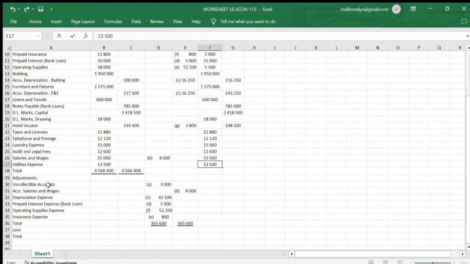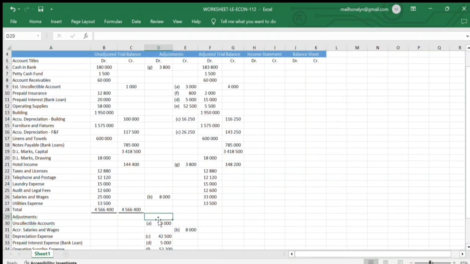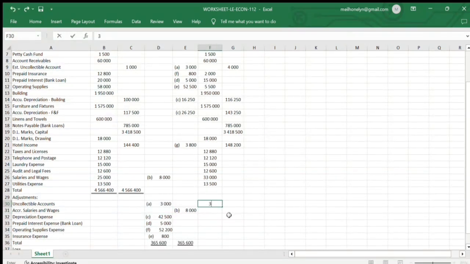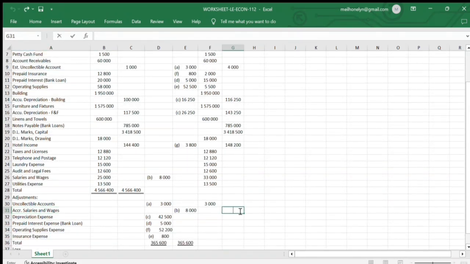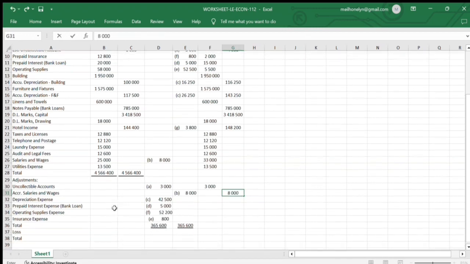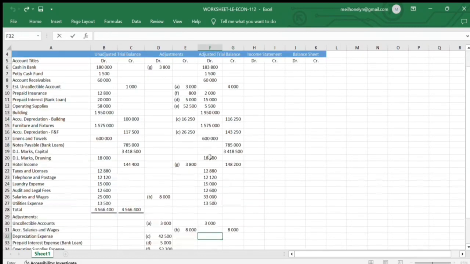For the uncollectible accounts, it will remain as is on the debit side. For the accrued salaries and wages, it will also remain as is, but it will be plotted on the credit side. So 8,000.